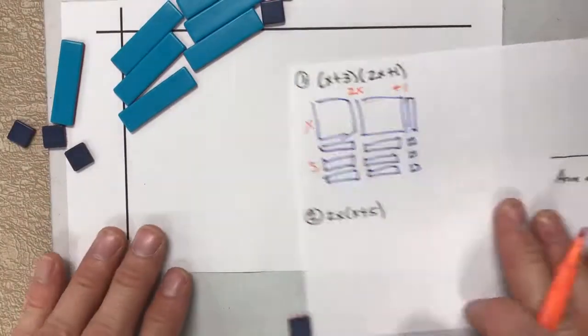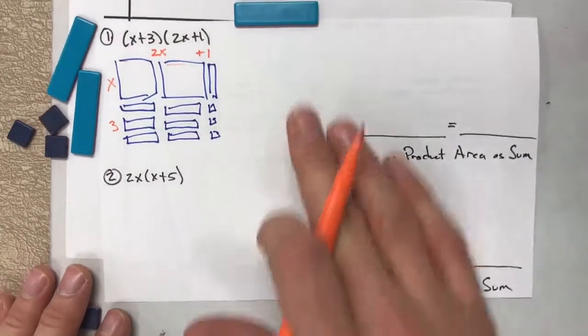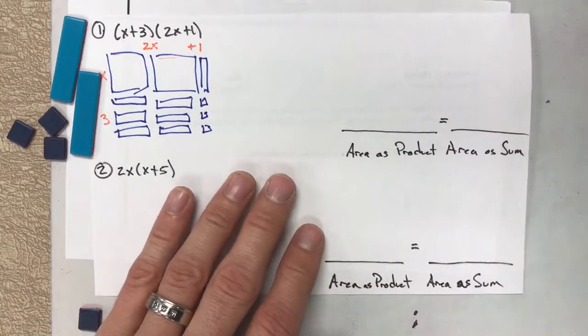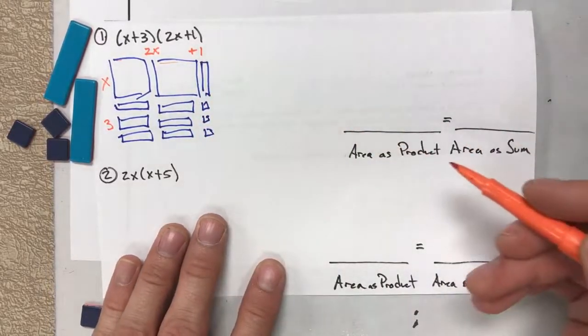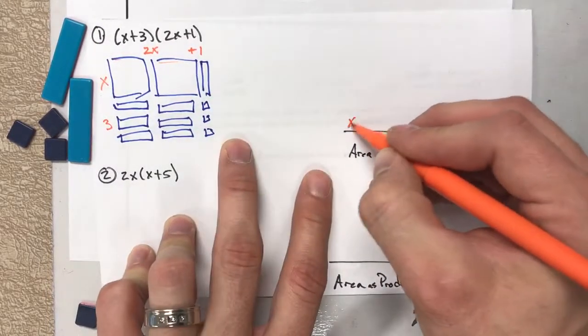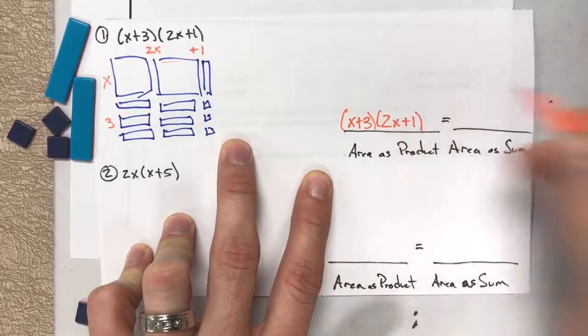Now to finish, we take a look at the area as a sum and the area as a product, and we write that out. The product's given to you already. That's x plus 3, the problem that was given, times 2x plus 1, those are the dimensions.